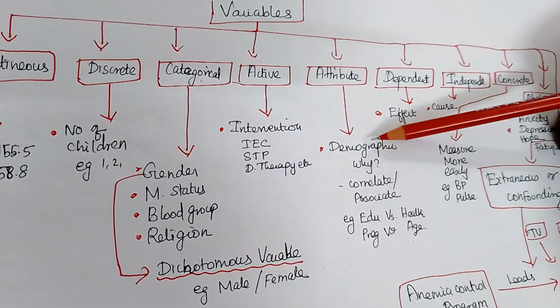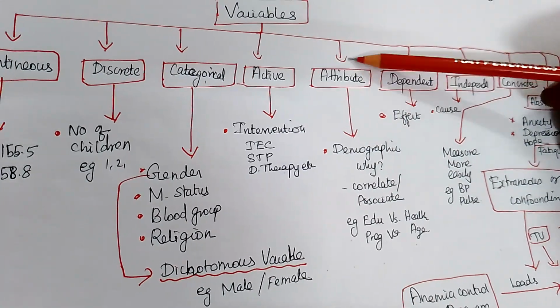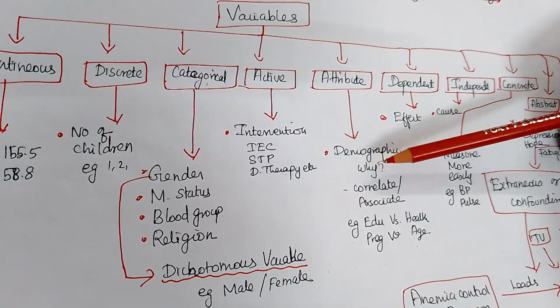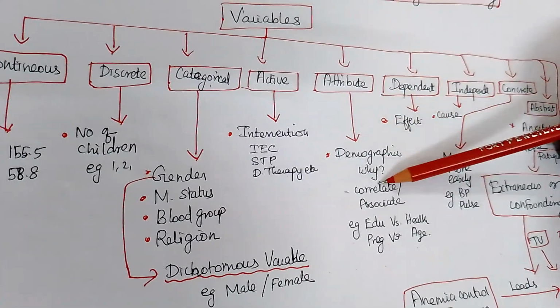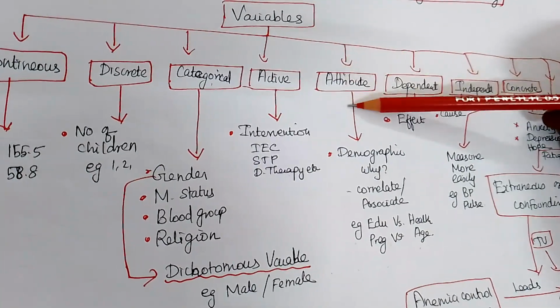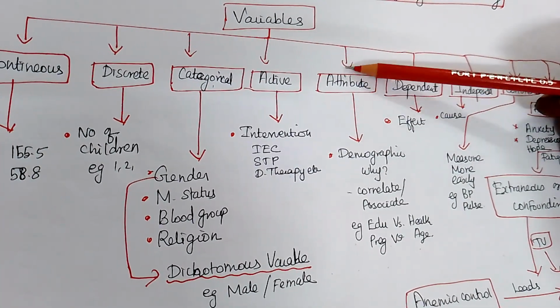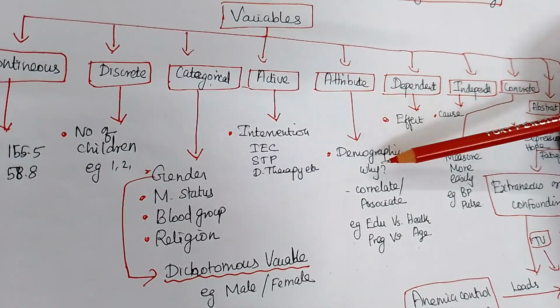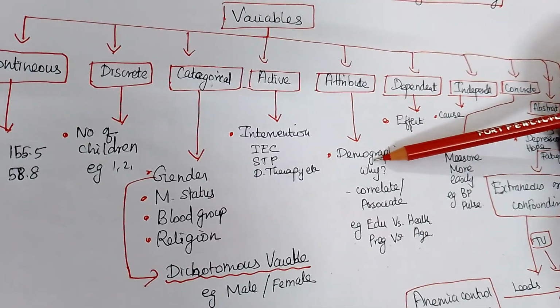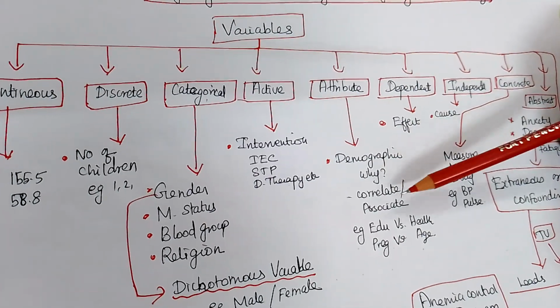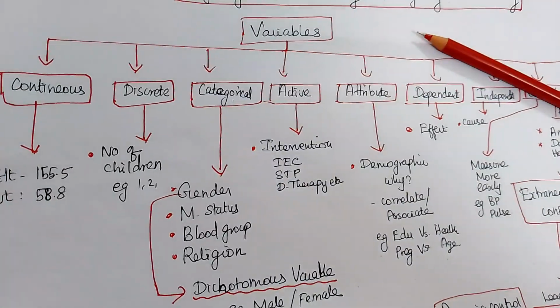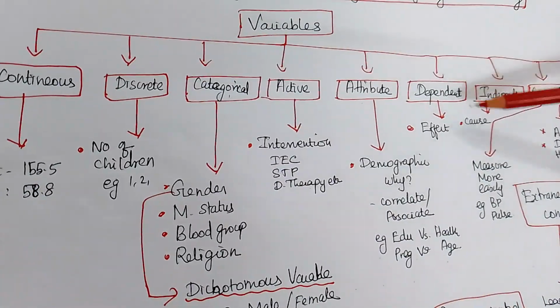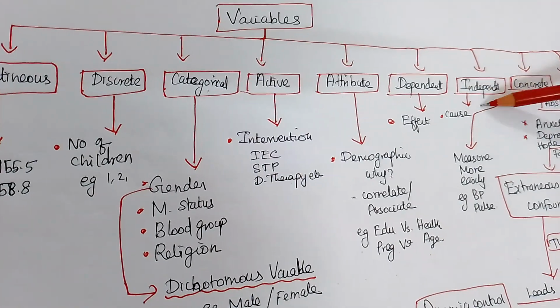These demographic attribute variables are helpful for my nursing research to correlate or associate with my characteristics. So this demographic one is called the attribute variable. Why are we adding attribute variables in the research? Mainly for making association and correlation in my research. Understand?